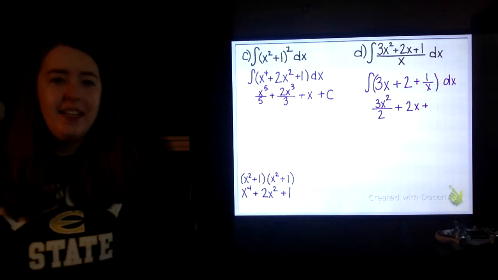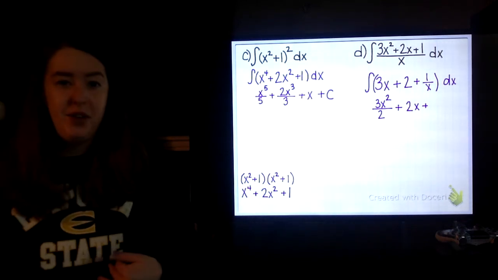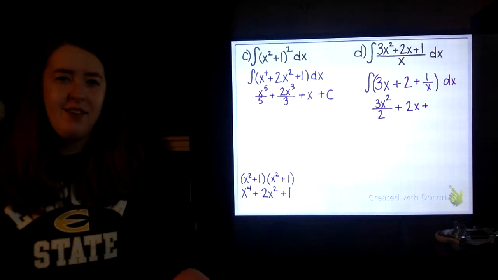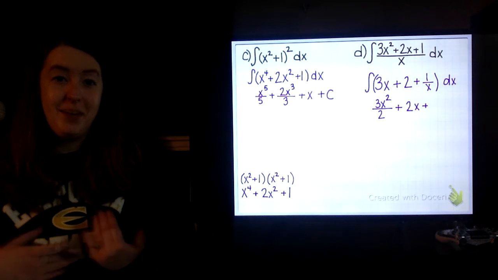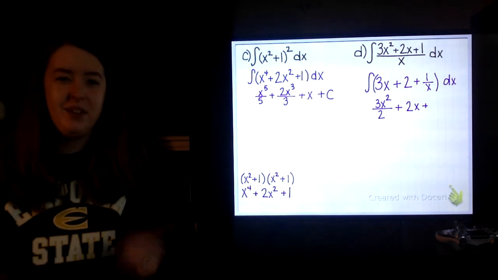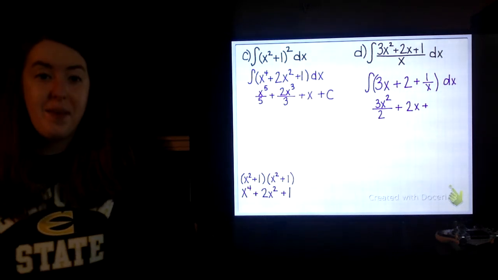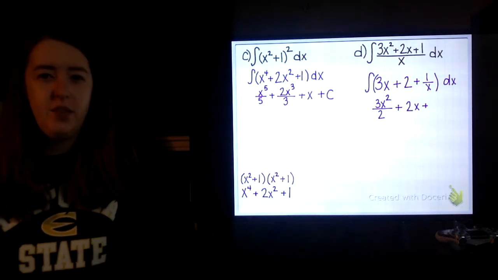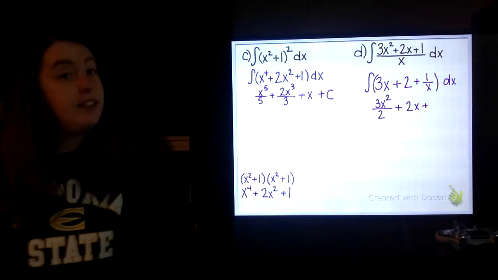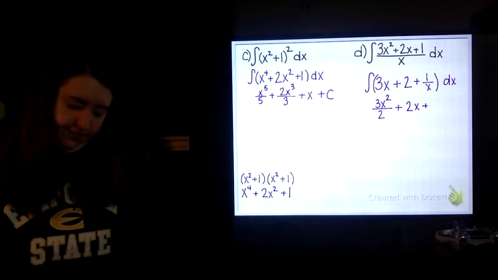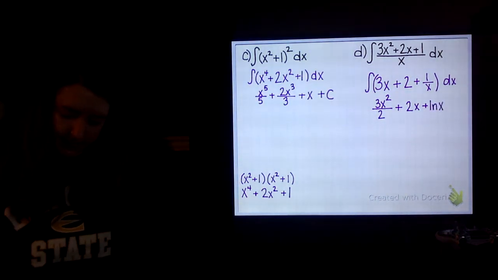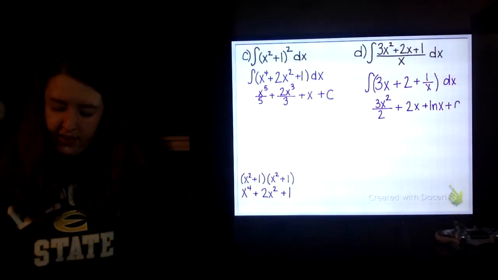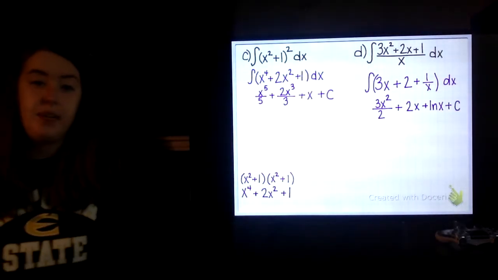I can't really add 1 to the power and divide by the new power because then I would have x to the 0 power divided by 0, and we can't divide by 0. So we have to think about what is the integral of 1 over x. That's natural log. Plus the natural log of x. And at the end of every indefinite integral, we need to have a plus c.